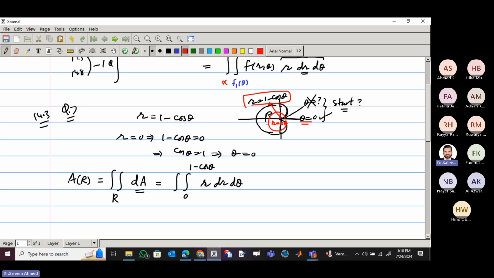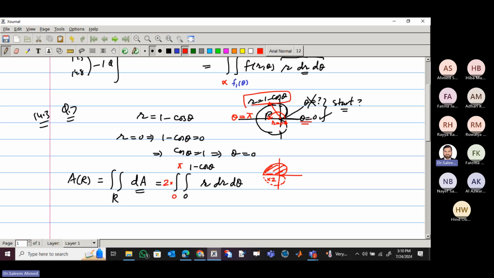Or what you can do, you can start from 0 and you can stop at pi. This gives me the area of the upper half, only this one, from 0 to pi. Then I can double it. I can multiply this by 2 to get the full area.